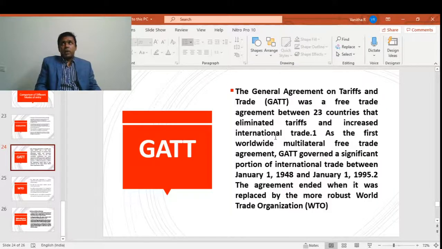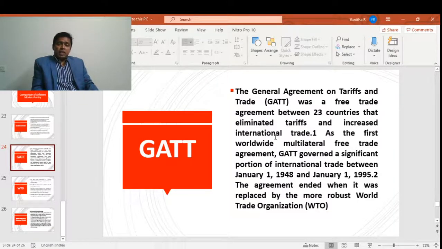From 73 to 84, and still in the 90s, a lot of current account deficits had happened. Current accounts, in the sense, developing countries used to export less and import very much.